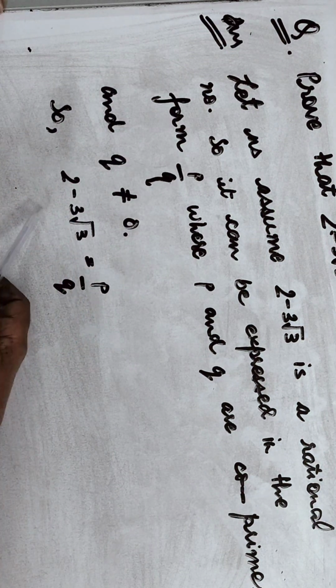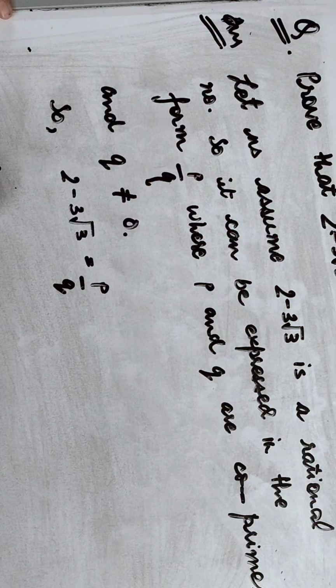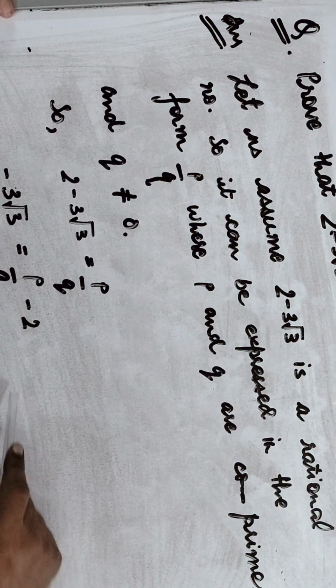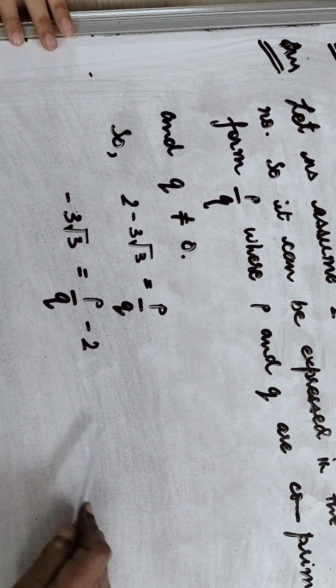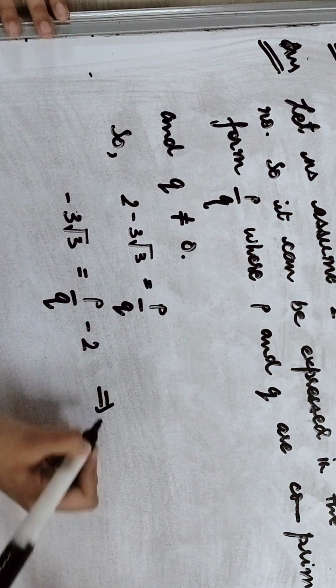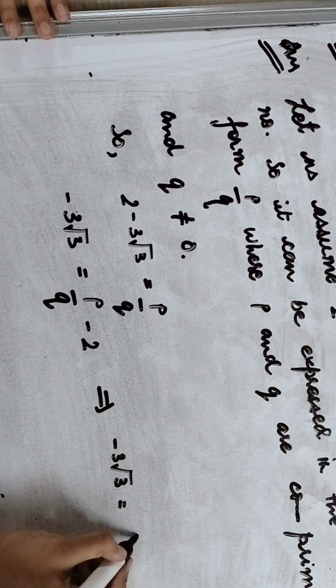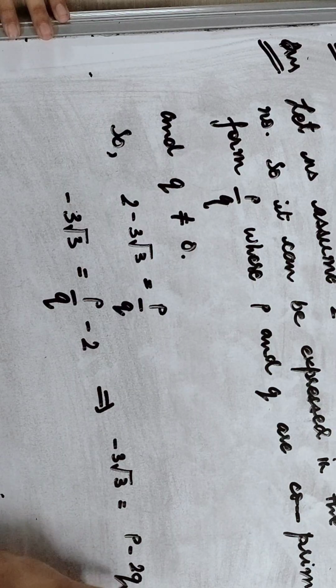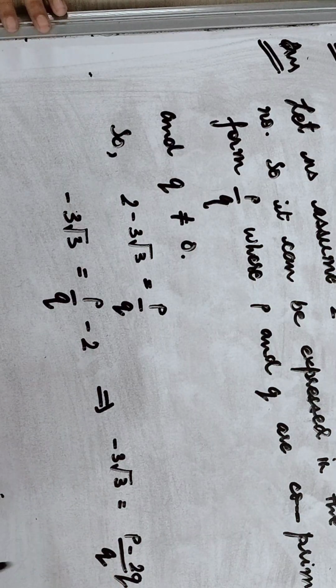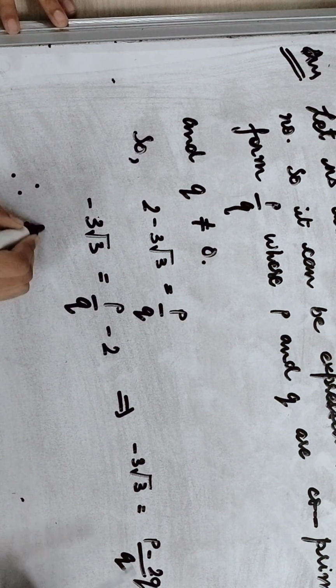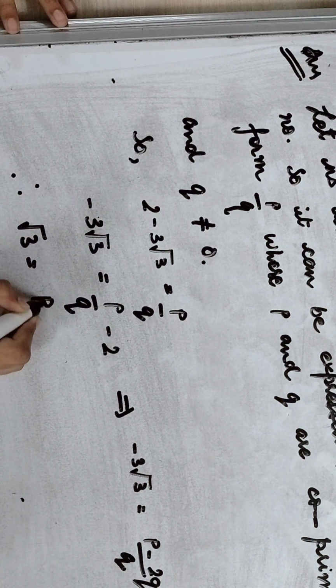Now you transfer this 2 to this side, this will give you minus 3 root 3 equals p by q minus 2. Now you take q as LCM, that gives us p minus 2q upon q. Therefore root 3 is equal to p minus 2q upon minus 3q.